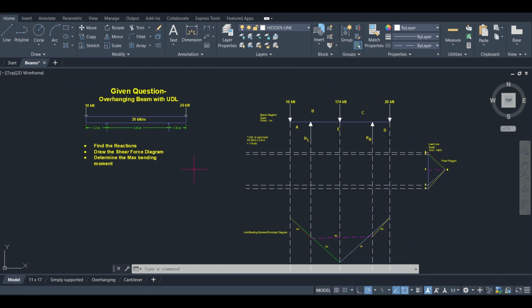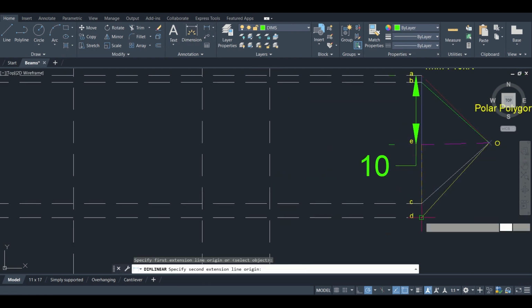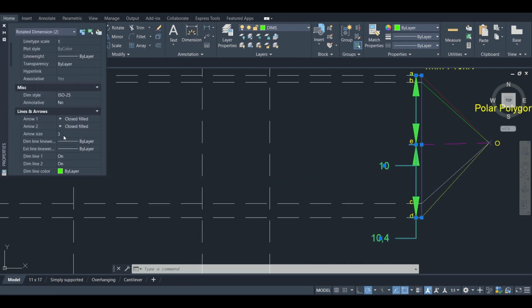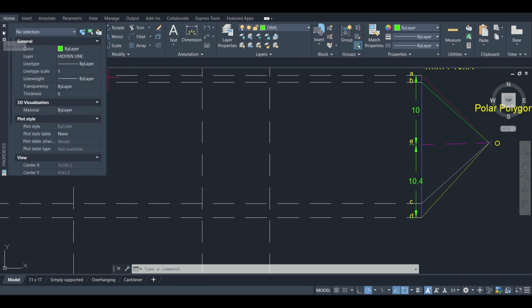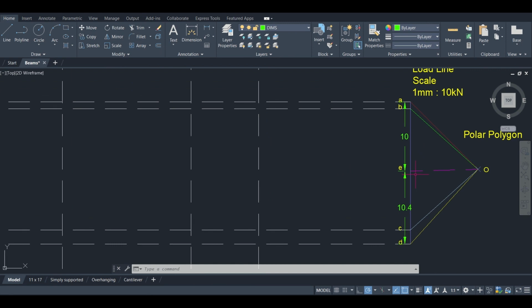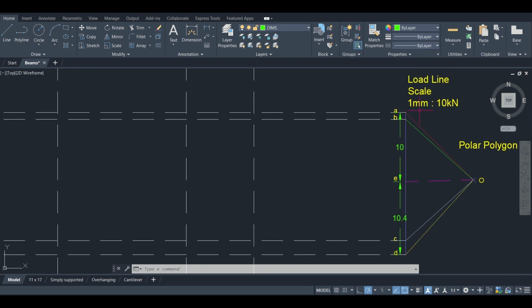Okay, so now that we're done that, we can go and look at what was required of us for this question. We need to find the reactions. And as I said last time, at this point, we can go ahead and find our reactions. Okay, so there we have it, but this is not quite the complete answer, because here 1 millimeter is representing 10 kilonewtons.